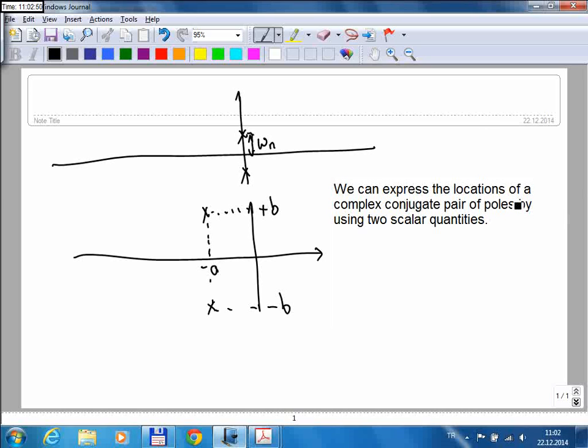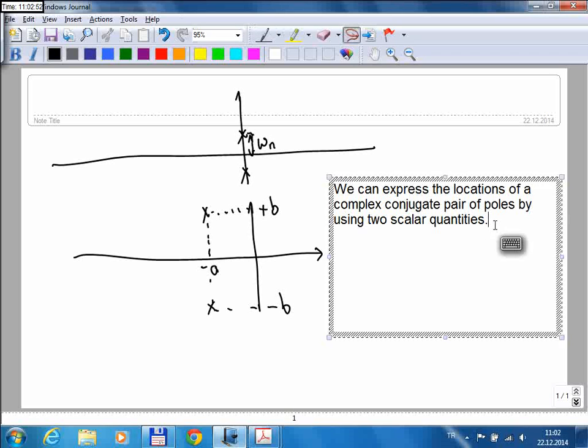These scalar quantities can be the Cartesian coordinates as shown here.